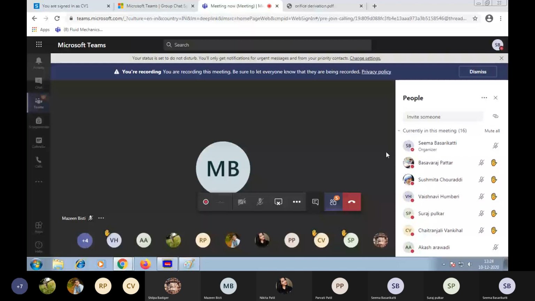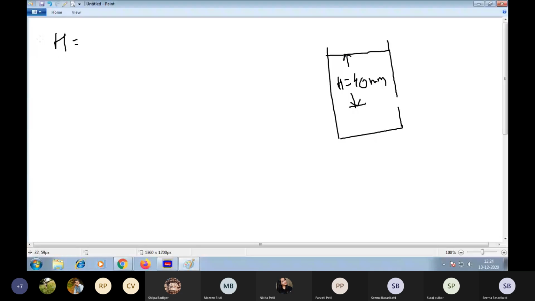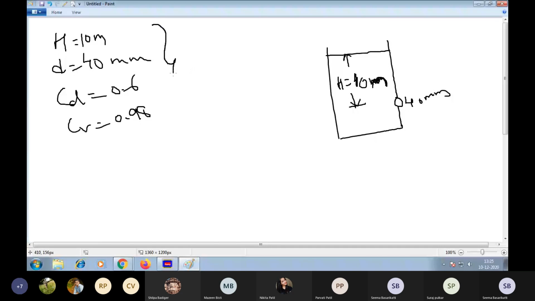Just tell me what is the head here. The diameter of the orifice they have given as 40 mm, whereas the head is 10 meter. Apart from that, they have given the value of CD as 0.6 and CV as 0.98. So this is the given.